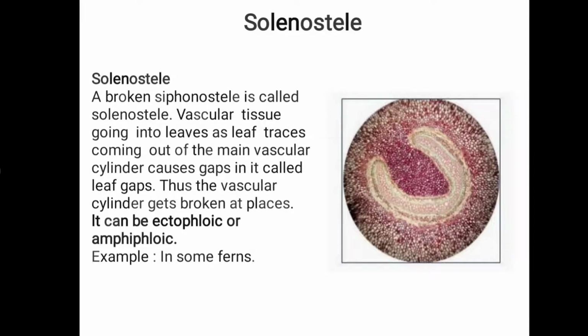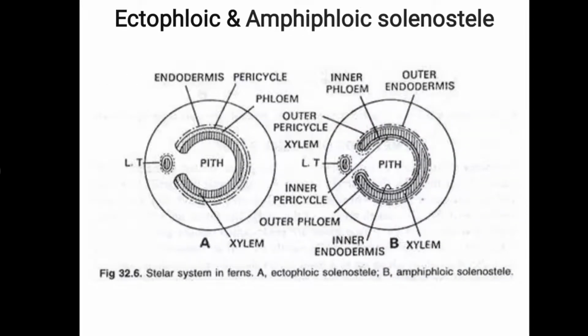It can also be of two types, same as the siphonostele: the ectophloic siphonostele and the amphiphloic stele. Most solenosteles are present in some ferns, यानी कि some pteridophyte plants. They are the figures of the ectophloic siphonostele and amphiphloic siphonostele. Solenostele is the same as the siphonostele.